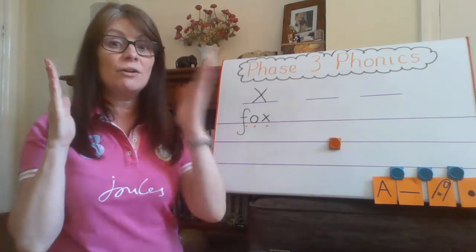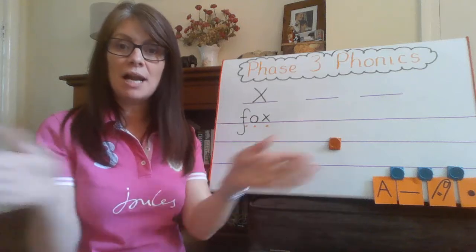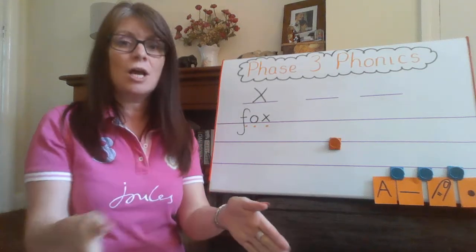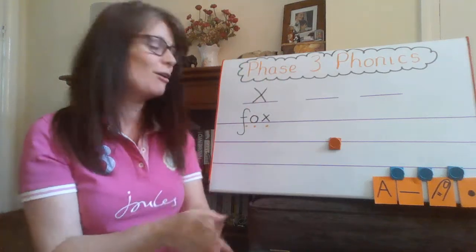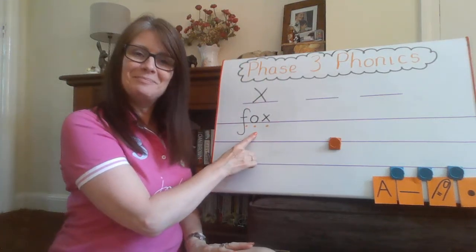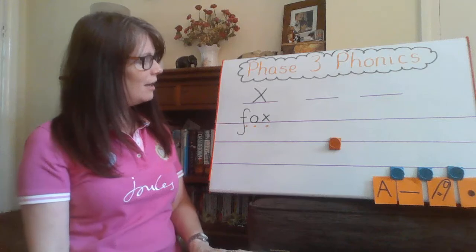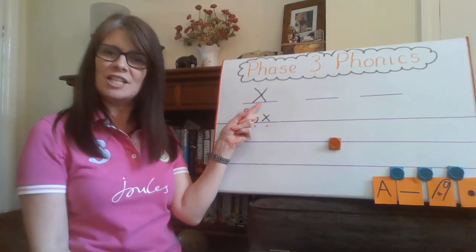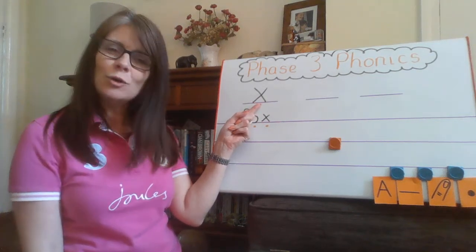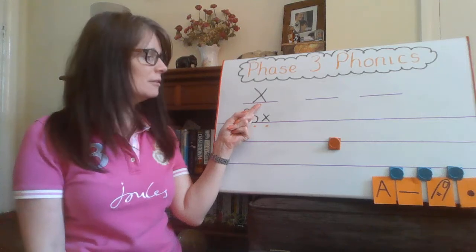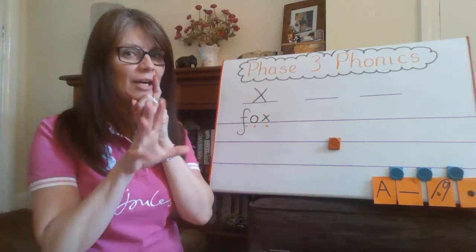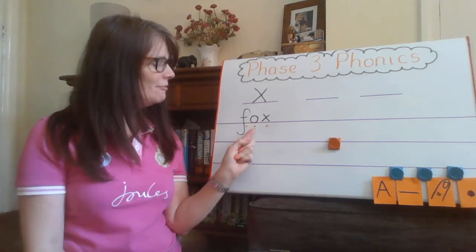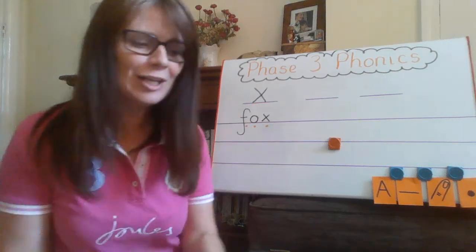We sound it out using our robot arms and then blend it together to say the word. Ox, fox. That word said fox. There aren't many words with x in, and you usually find it at the end of a word. But sometimes it's a bit sneaky, and it can be in other places in a word. Fox.